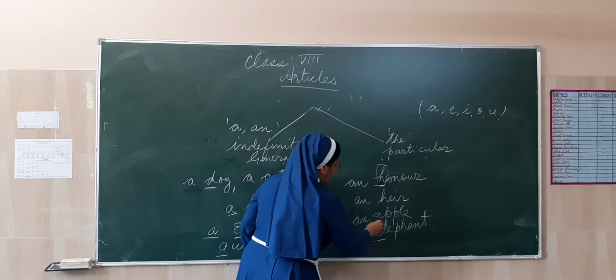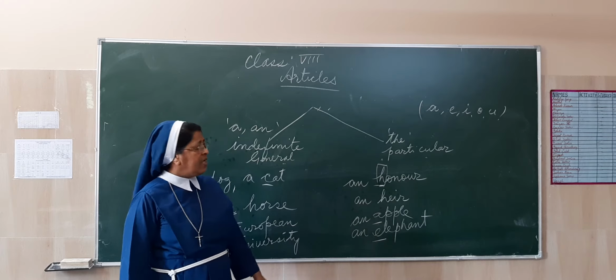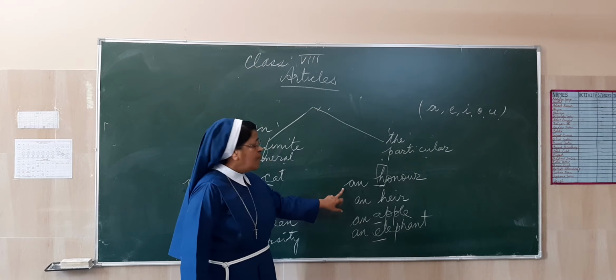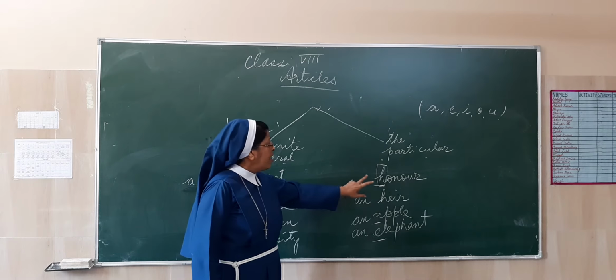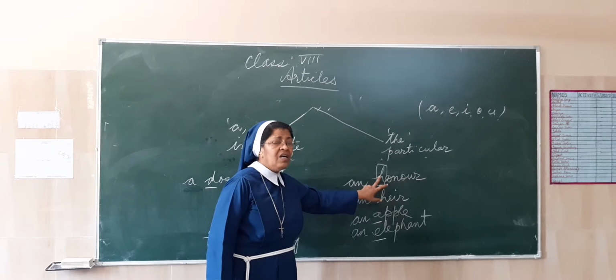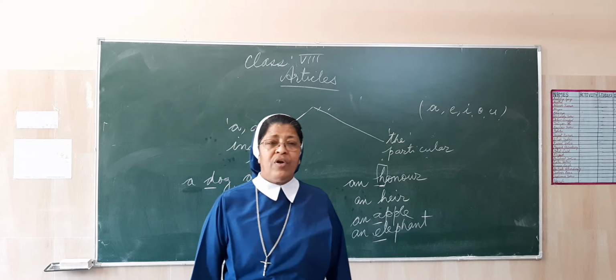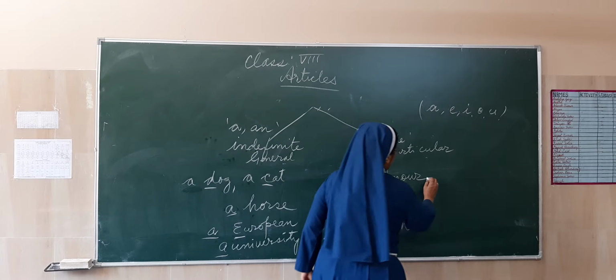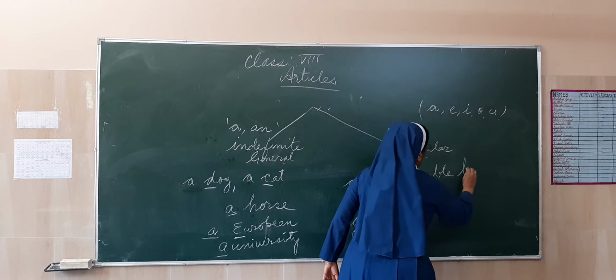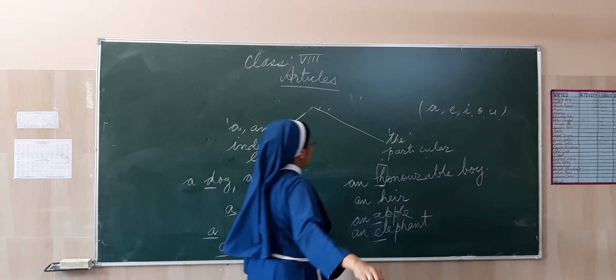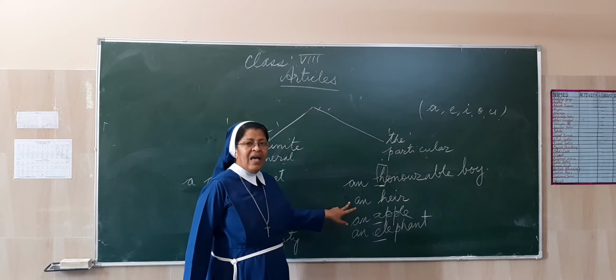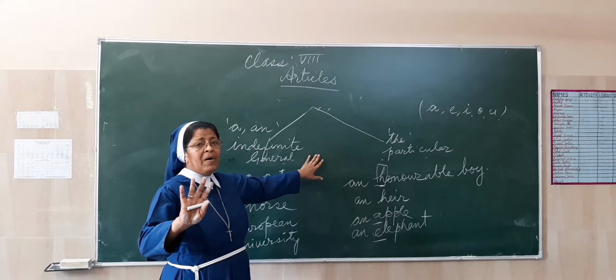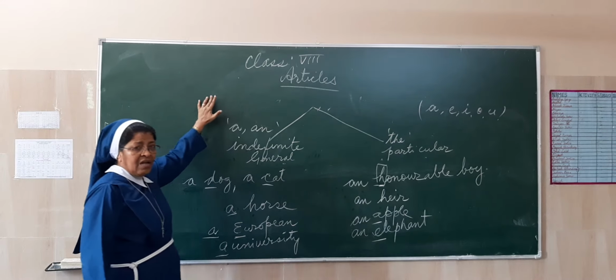Here the vowel sound is already there. Whereas in this case, the vowel sound is coming though the letter is a consonant. An honor. An honorable boy. Finally, an honorable boy. Here we have got an heir.